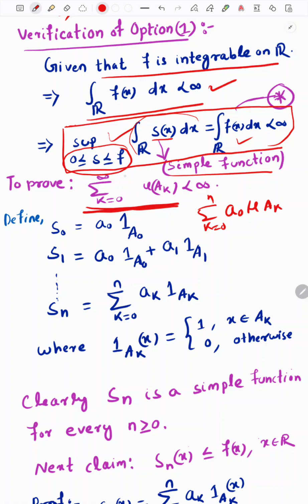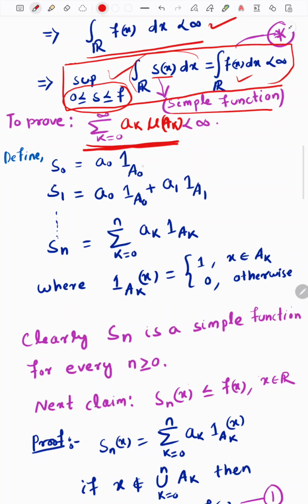Here I had written it wrong; it is not a0, it is a_k measure of A_k, and this is the partial sum. If we can show that this partial sum is bounded by something for every n, then this series will be convergent. So it is our target.